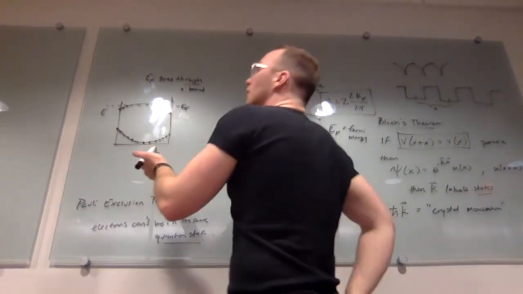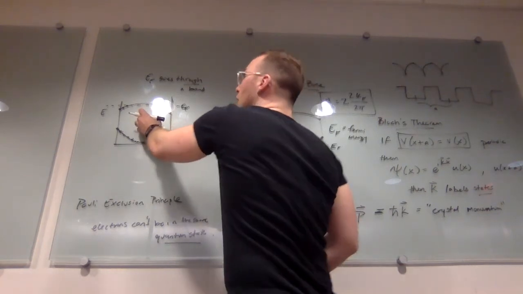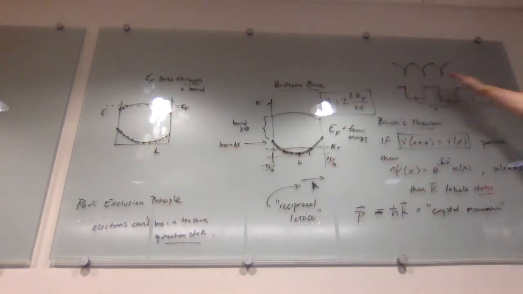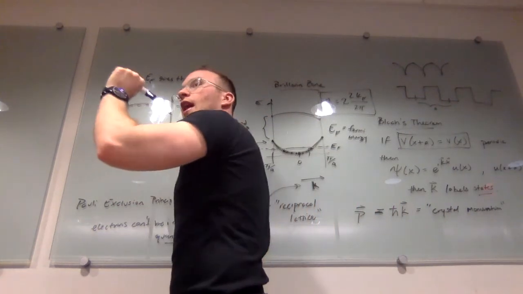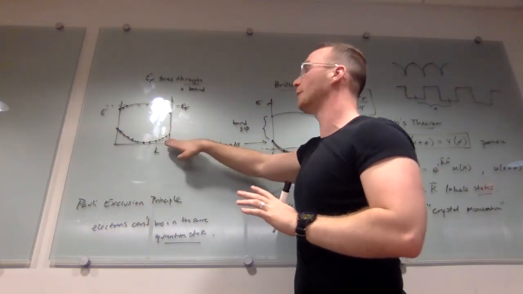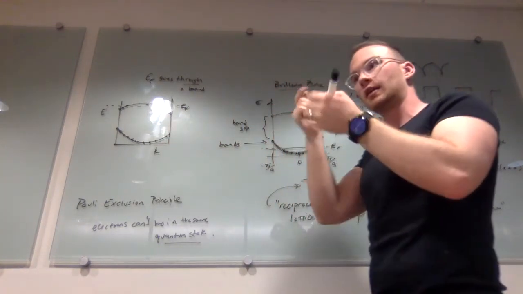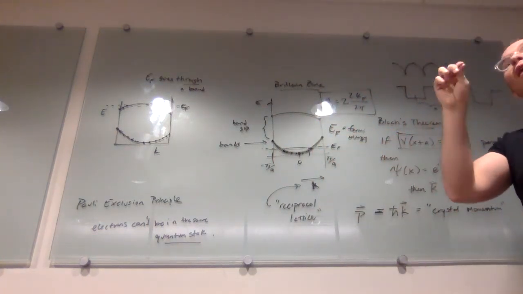What does this mean about this material? Where a band is full, that's fine, but the next one is such that, what if I just gave this a very, very tiny amount of energy? The reason they say this is absolute zero is because any amount of heat causes electrons to jump around in states all the time.